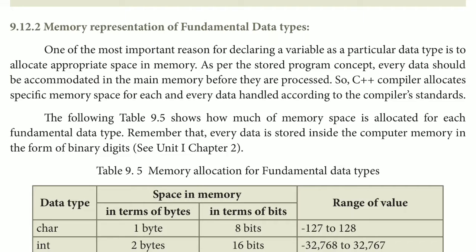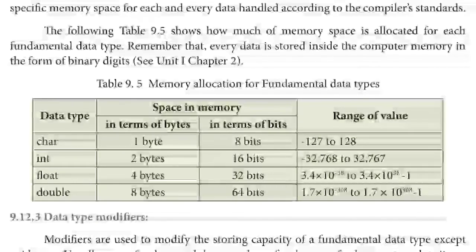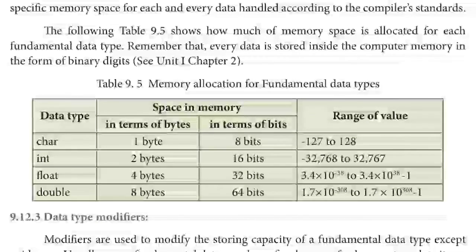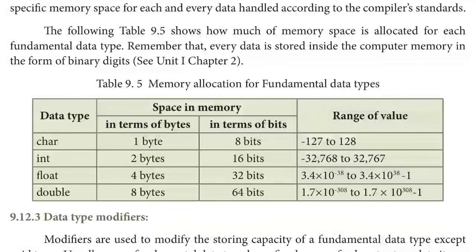That is why we declare the variables before using them. Here you can see how much memory space has been allocated to each data type. A single character variable will be allocated 1 byte, integer 2 bytes, float 4 bytes, and double 8 bytes.